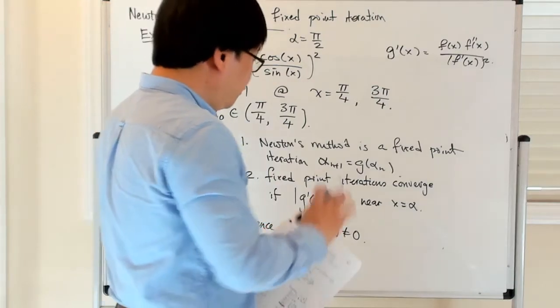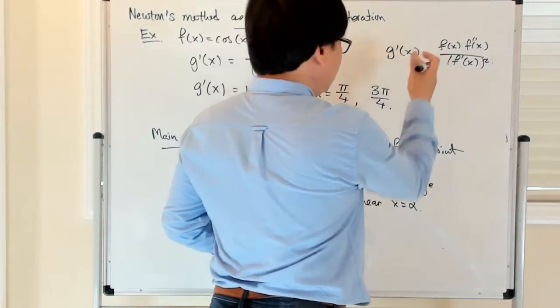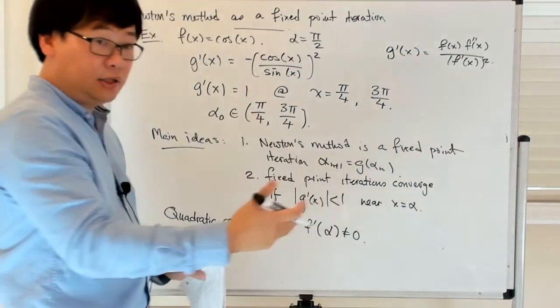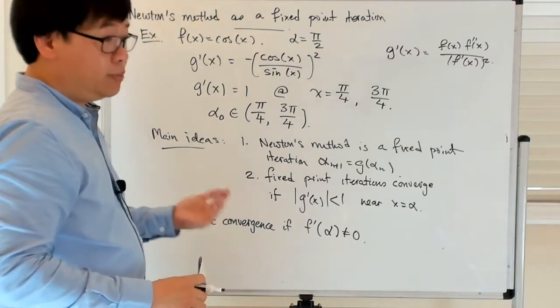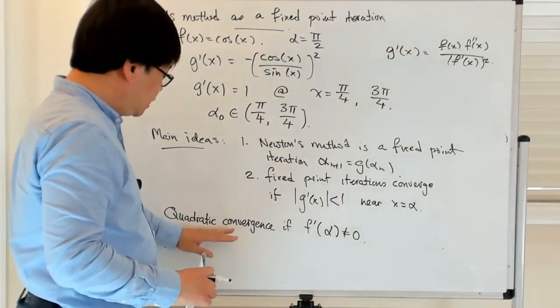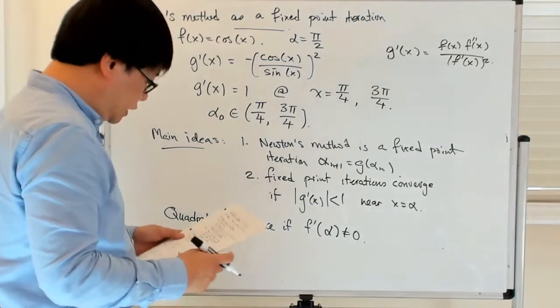The fact that g prime at alpha is 0 means that it's converging faster than linearly, so it's superlinear convergence, but in particular it's quadratic convergence in this case.